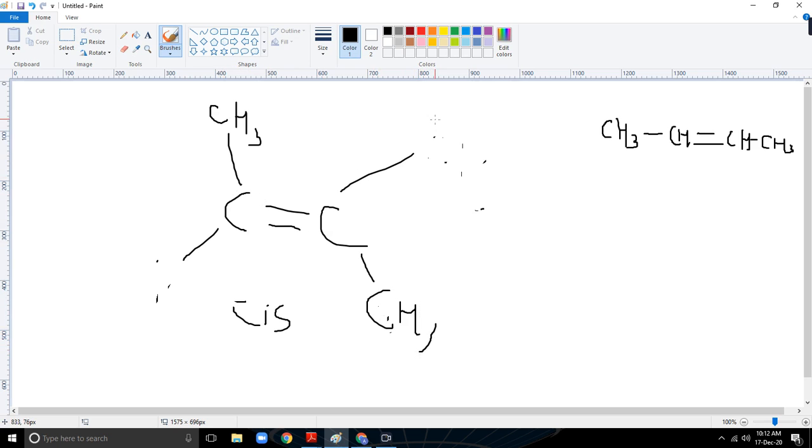Similar groups are on opposite sides, H here and H. So this is the trans isomer.